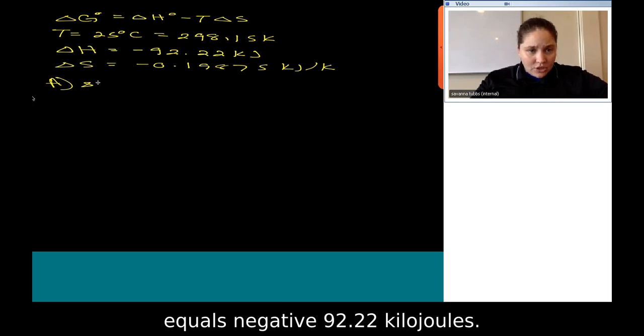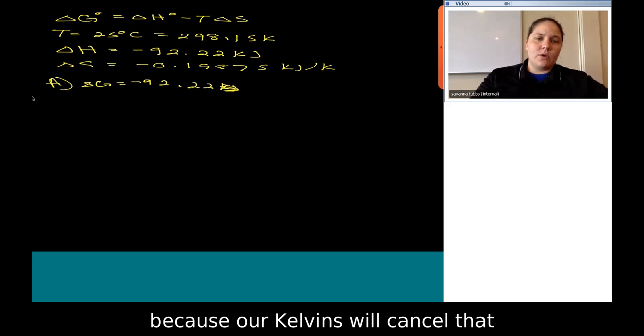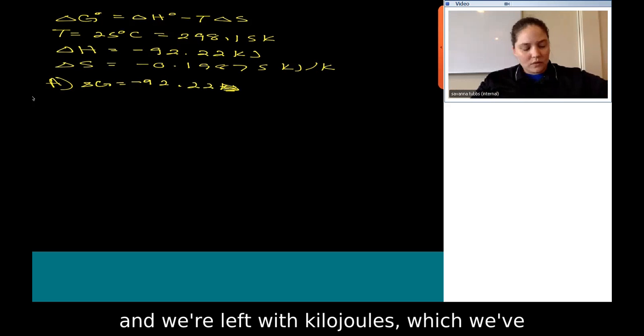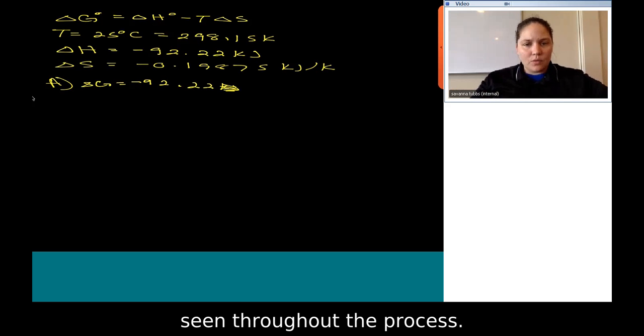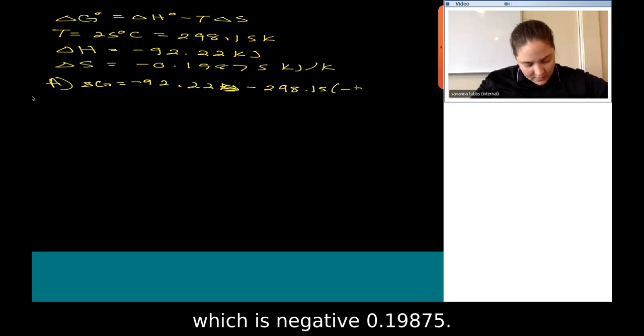So delta G equals negative 92.22 kilojoules. You're going to go ahead and leave out the units because our Kelvins will cancel and we're left with kilojoules, which we've seen throughout the process. And we subtract our temperature, so 298.15 times our delta S, which is negative 0.19875.